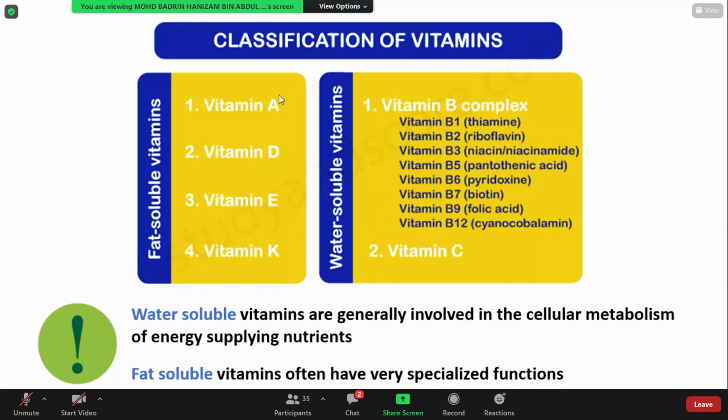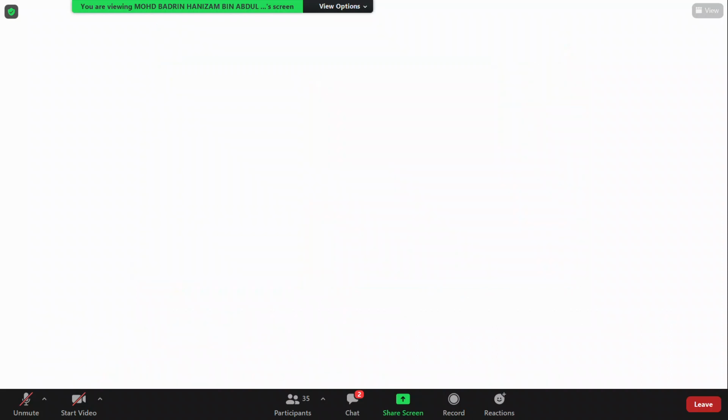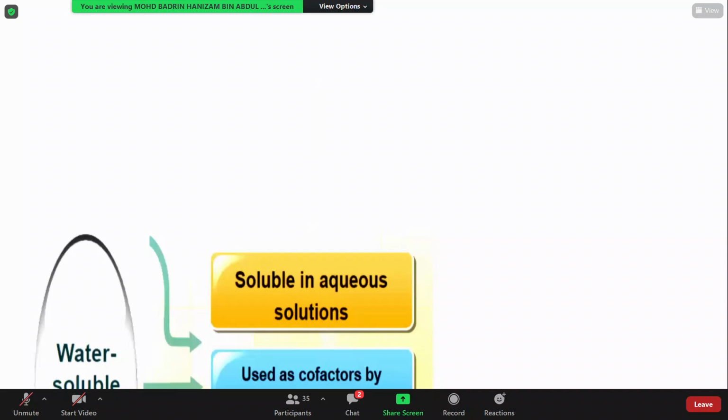While fat soluble vitamins often have very specialized functions. Vitamin A has its own function compared to D, E, and K. So they have their own specialized functions, not like the water soluble vitamins, all of which are responsible for energy metabolism.